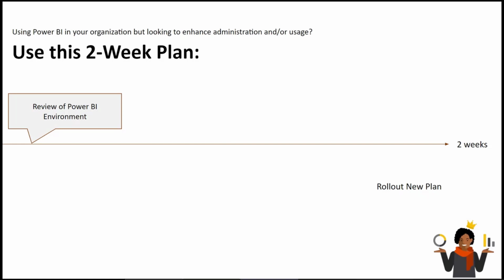You could have had those already, but a lot of times, if you've never had a strategy of Power BI or BI in your environment, you could be missing some of those responsibilities. So you want to make sure that you know who is going to be doing what during this meeting.